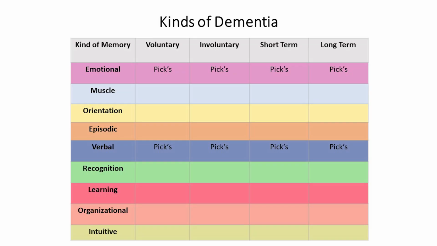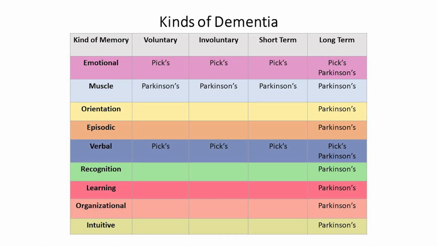These are the front and sides of your brain. Pick's disease affects your emotional memory and your verbal memory. And Pick's affects people at younger ages than Alzheimer's does. It progresses from voluntary to involuntary memory and from long-term memory to short-term memory. Here's where Pick's disease would fit on our chart.